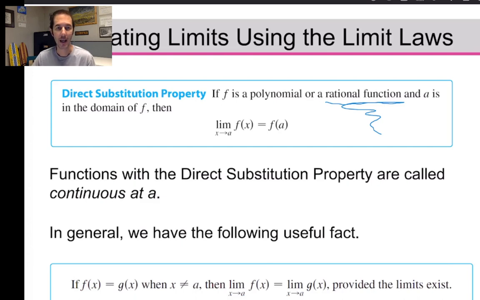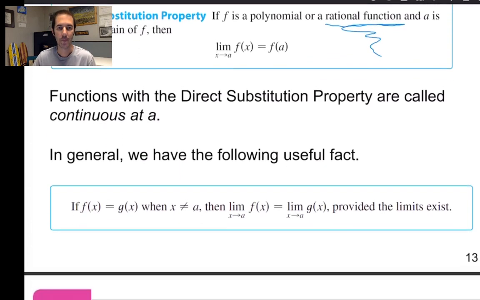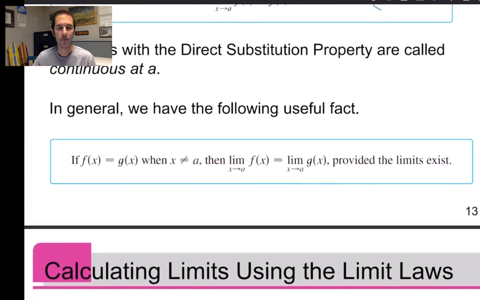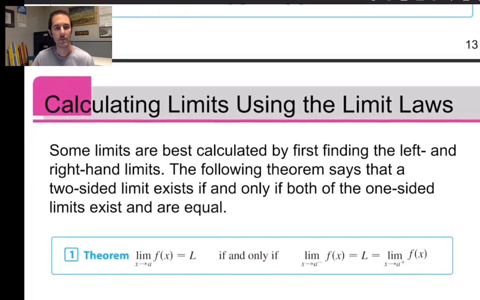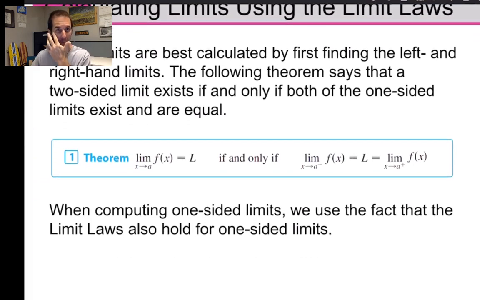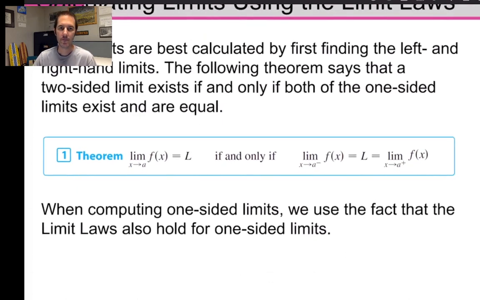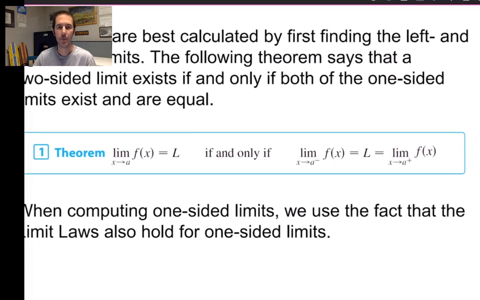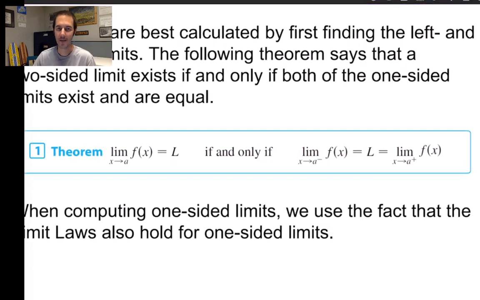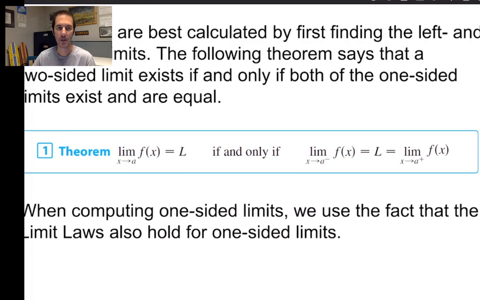You can take that a value and just plug it in. So this theorem is pretty important. This is one that we definitely need to keep in mind. It's not one of the limit laws, but this is a big one.